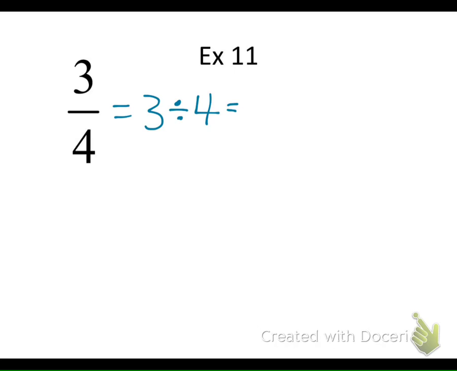And make sure you do write this part down. I know that the fraction bar means division, but I want to know that you know what you're doing. What's 3 divided by 4? 0.75. And then we multiply that by 100, or you can just move the decimal point twice to the right.